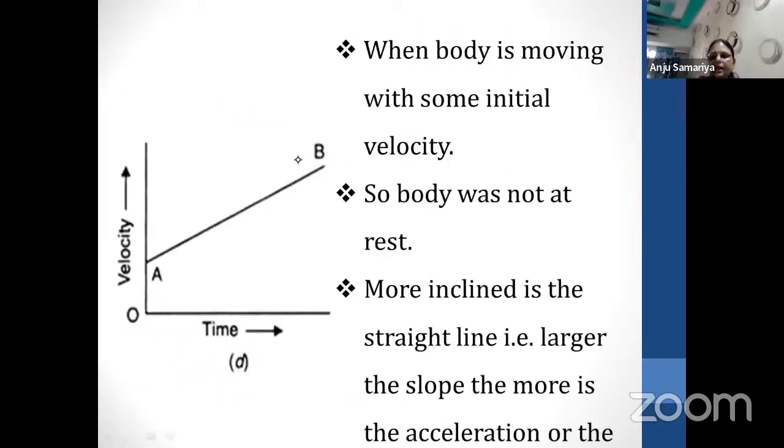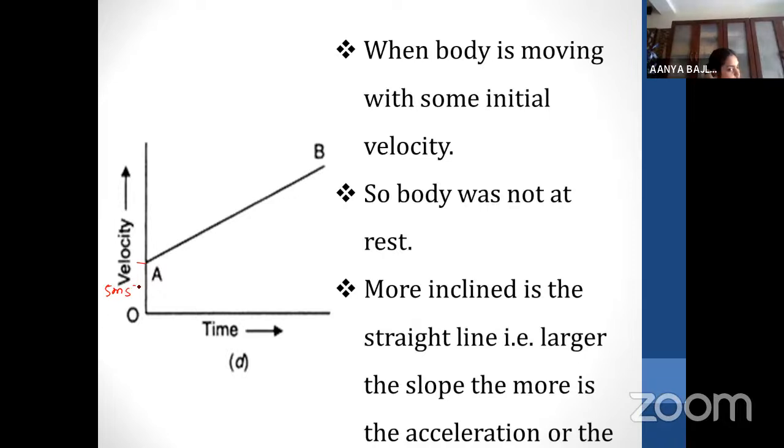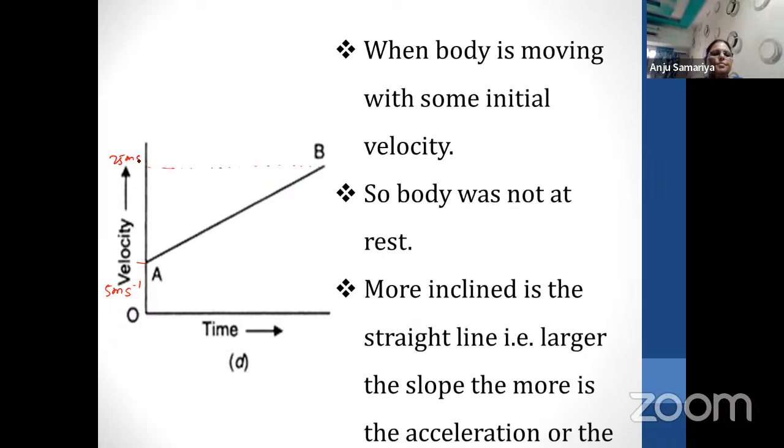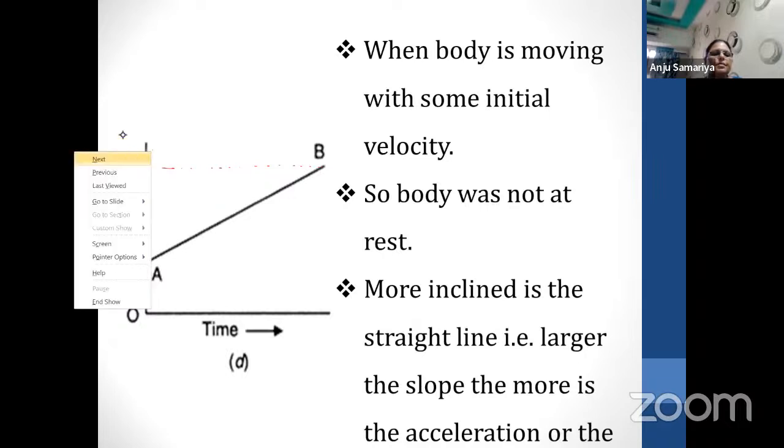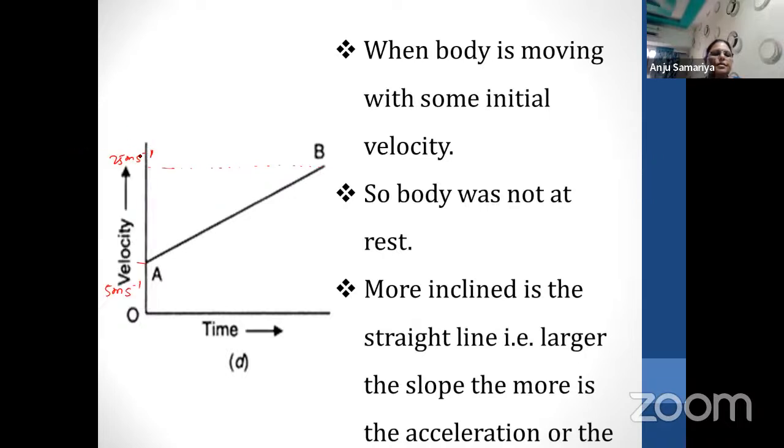And now in this graph, the body is moving with a certain initial velocity. Let us take this as 5 meters per second, and let us take this as 25 meters per second. So the body is moving with some initial velocity, and that is u. And this is v.